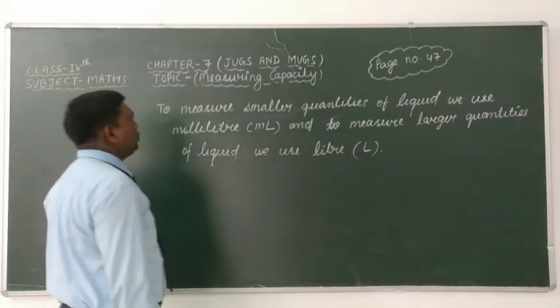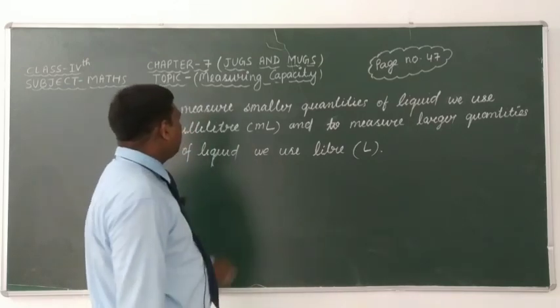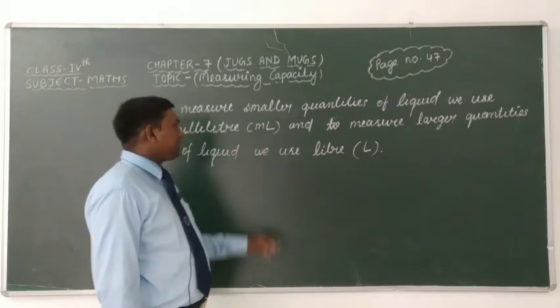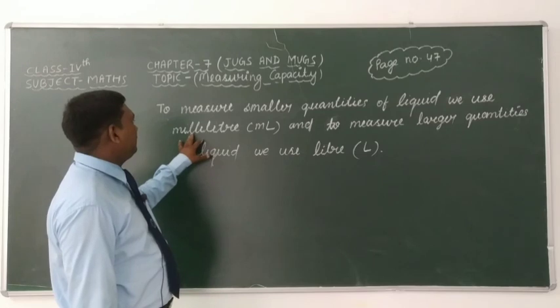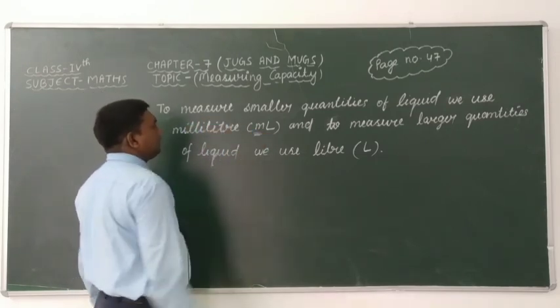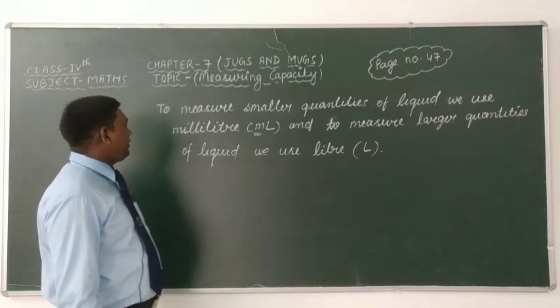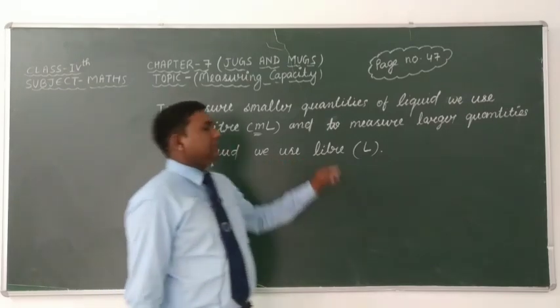It means that to measure the smallest quantity of liquid we use milliliter, in short ml, and to measure larger quantity of liquid we use liter.